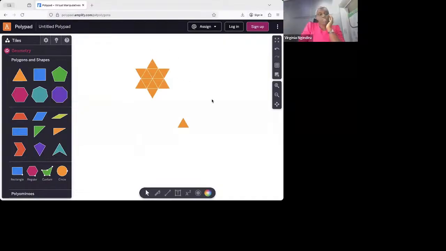And Yasmin, someone is saying they are still struggling with how they can reinforce learners' ability to differentiate between a square and a rectangle.